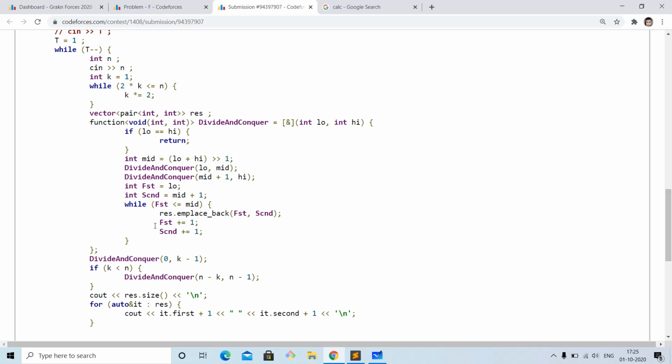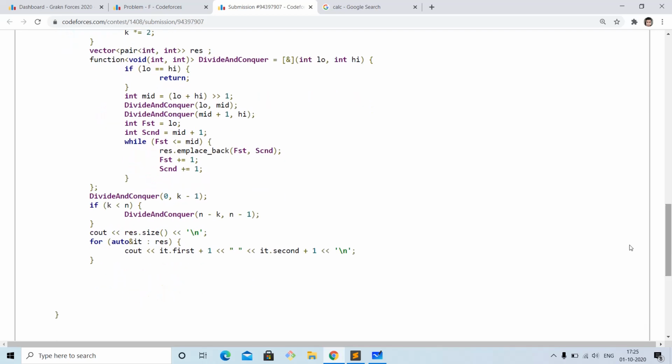The first number will be low and the first number of the second segment is mid plus 1. We put this pair first and second in the result, and then we increase first and second. We do this until we reach the end of the segment that we have divided into. After that we just output the result.